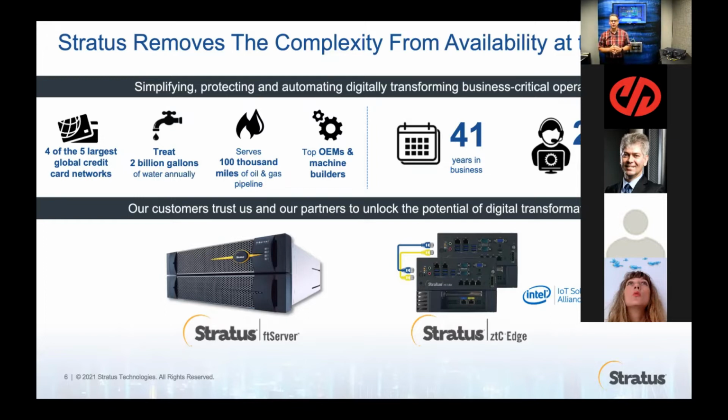As you can see on the screen, we've been around for 41 years. We really focus on the high availability market. Our aim is to provide high availability infrastructure to protect the world. If anything to do with financial, health, or even lives is at stake, we need to protect it with proper server infrastructure.